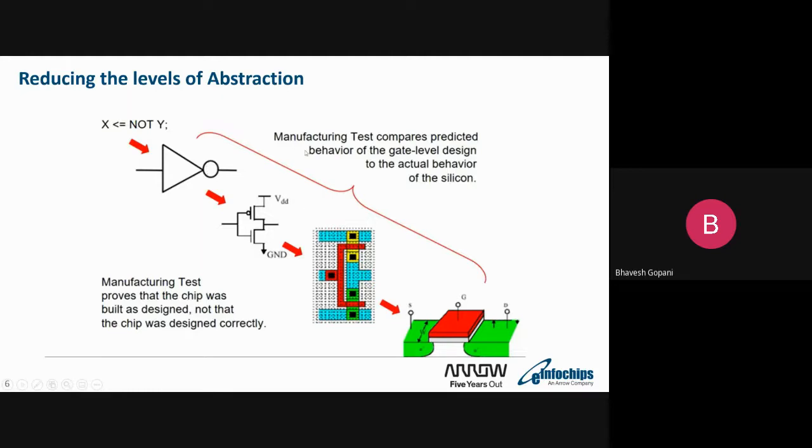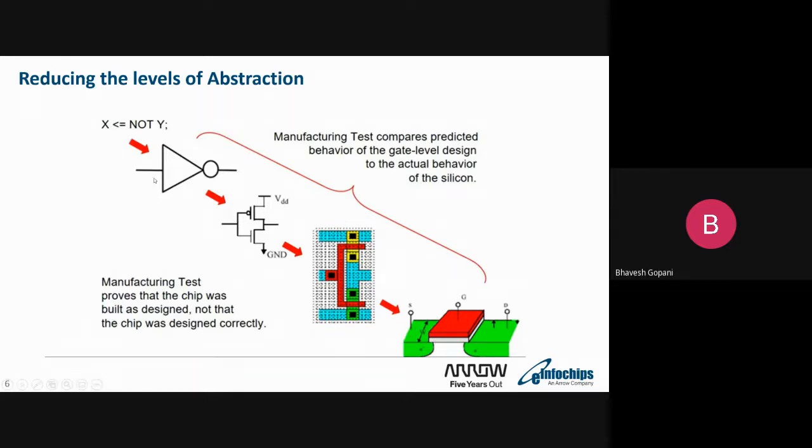So what does manufacturing test do? Manufacturing test tries to compare the predicted behavior of the gate level design to the actual silicon behavior. Ultimately our goal is to test the silicon, but here we can't directly apply any 1 and 0.